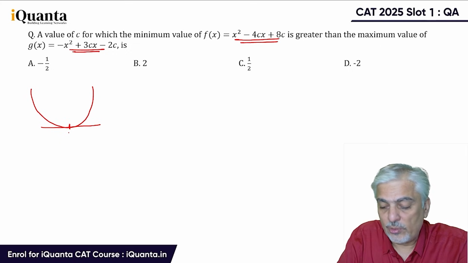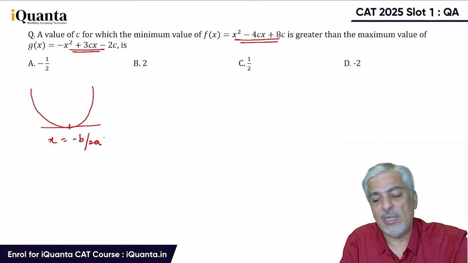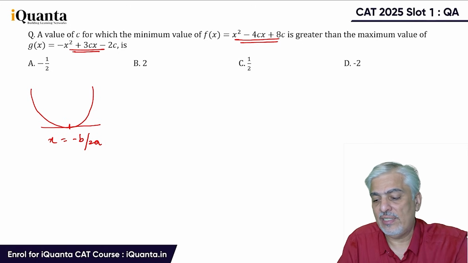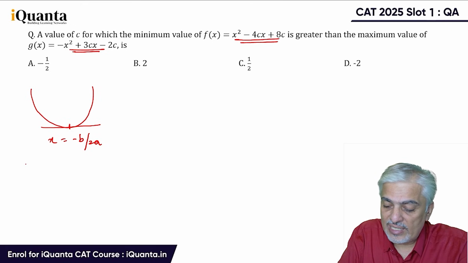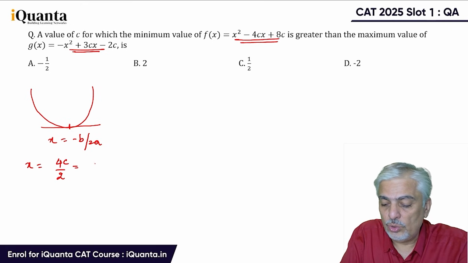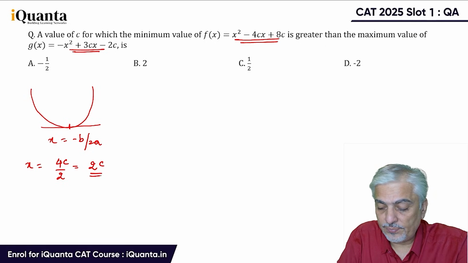How do you find this point? At this point, everybody should know x is minus b by 2a. You don't need to know the formula for y, just keep the formula for x enough. So if x is minus b by 2a, what will that point over here for x be? Minus b, that will become 4c by 2a is 2. So we got x is 2c.